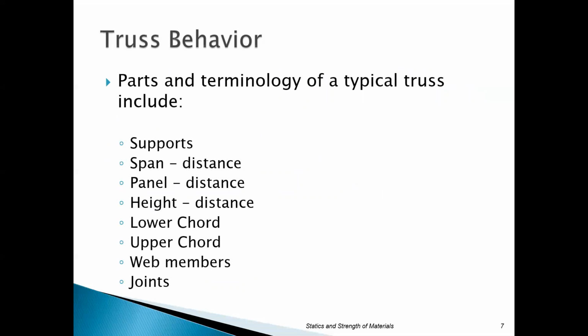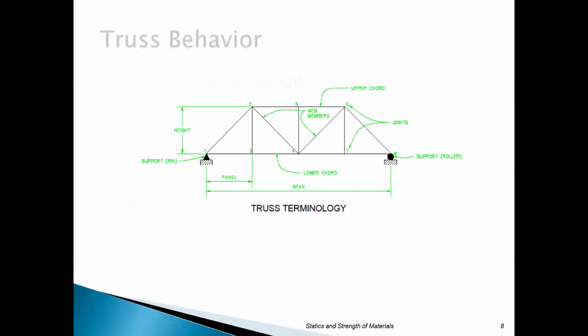All right, truss terminology. Again, that probably bears repeating a little bit. We talk about span and panel, height, lower chord, upper chord, joints and web members. So that little diagram is really good. Remember, that is not in your book. And we've been working with that quite a bit. Basically, we don't make a distinction of whether that's a lower chord.